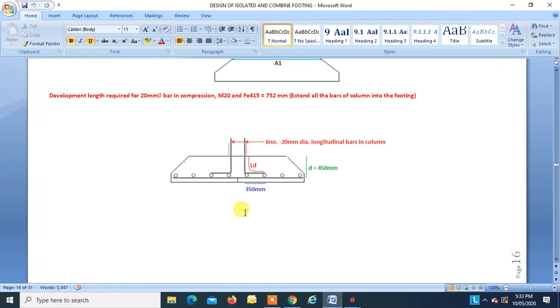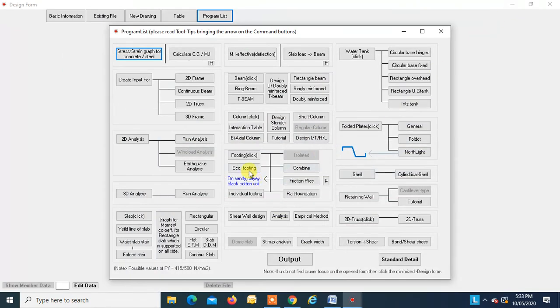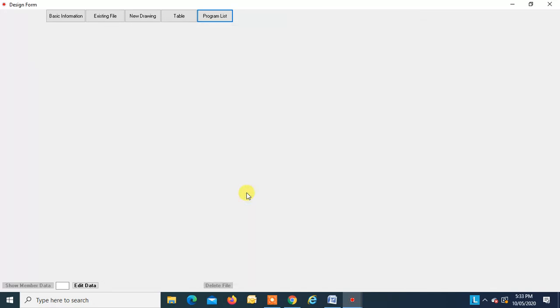Now you can also use this program for designing the footing.